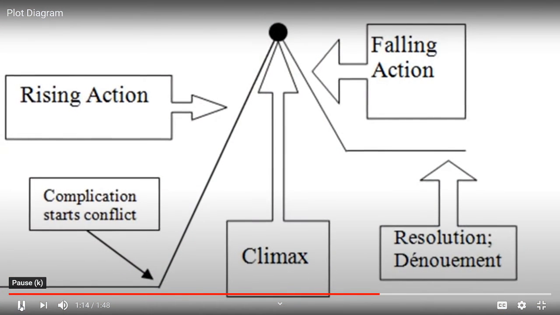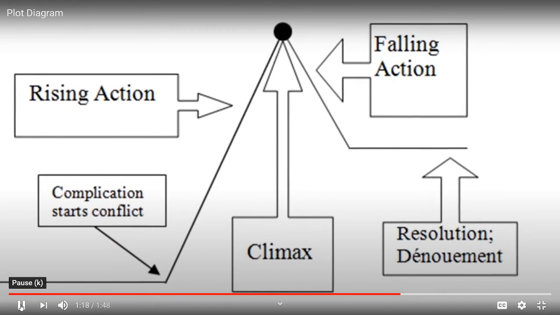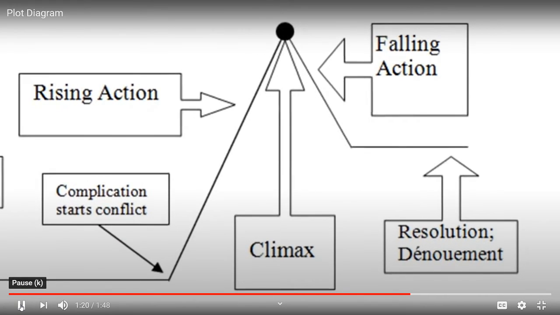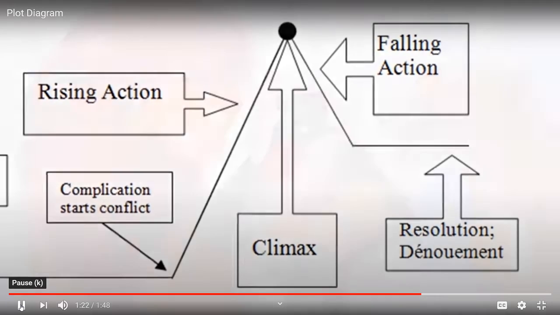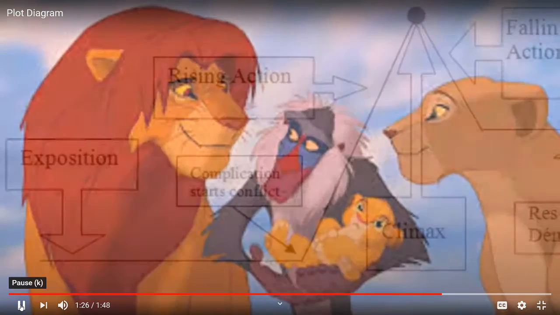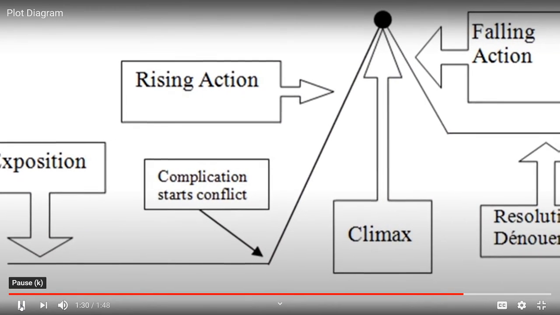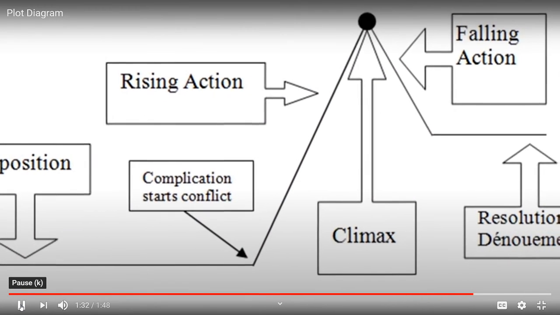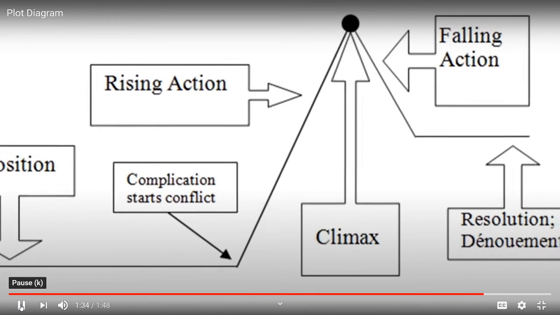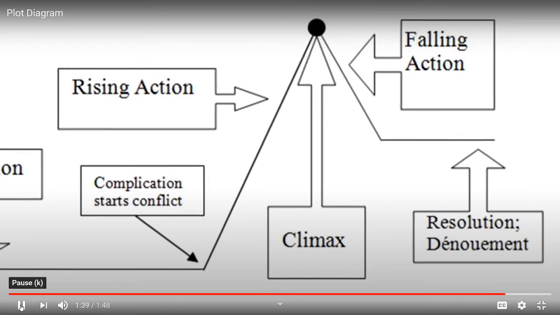The falling action brings us to the resolution or the conclusion, where everything is tied up and finished, sometimes with a happily ever after. Review exposition, rising action, climax, falling action, and resolution, and be ready for your class assignment tomorrow.